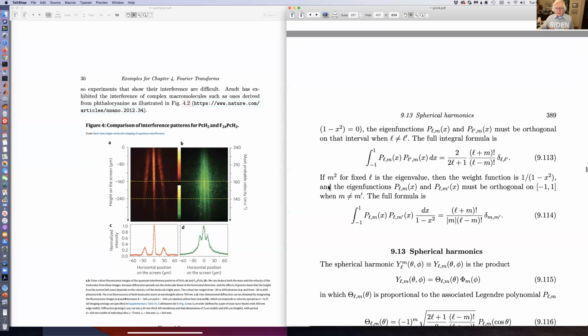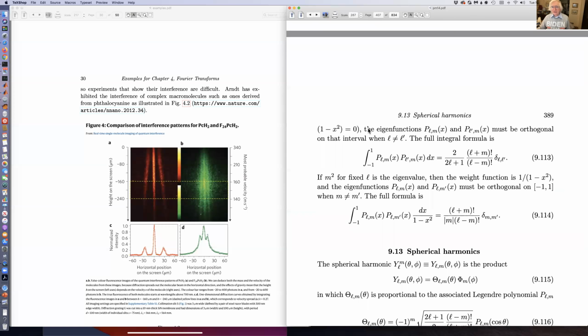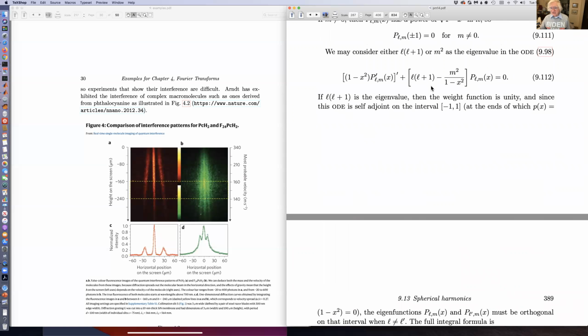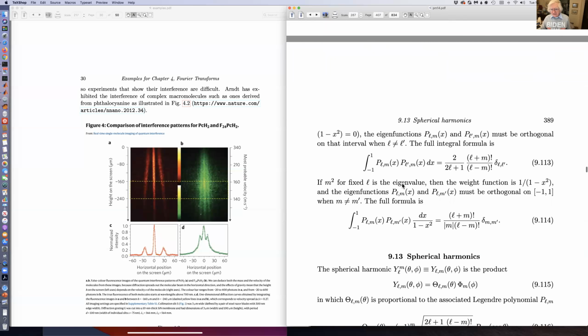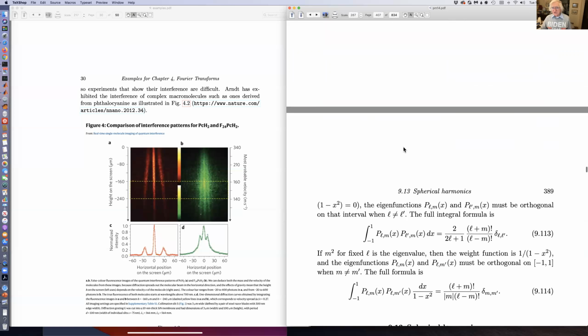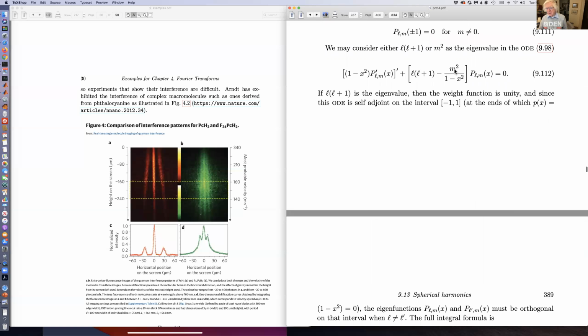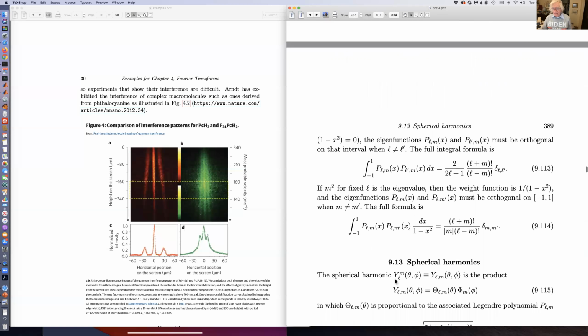On the other hand, you can take m squared to be the eigenvalue and keep L constant. In that case, you get orthogonality in m. But with a weight function, you see if m squared is the eigenvalue, then the weight function is 1 over 1 minus x squared. And so the weighted orthogonality integral is this, and the orthogonality here is delta m, m prime.